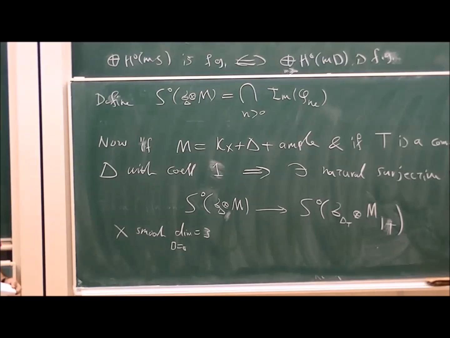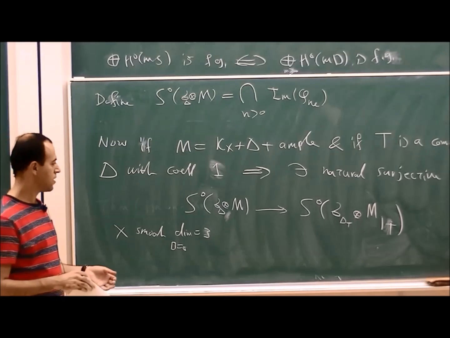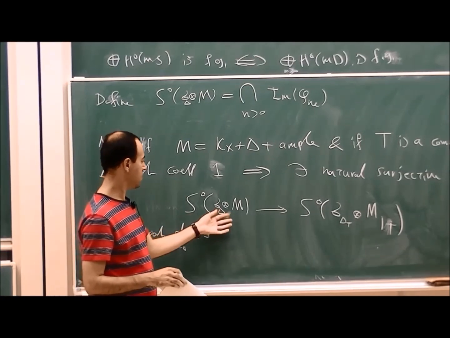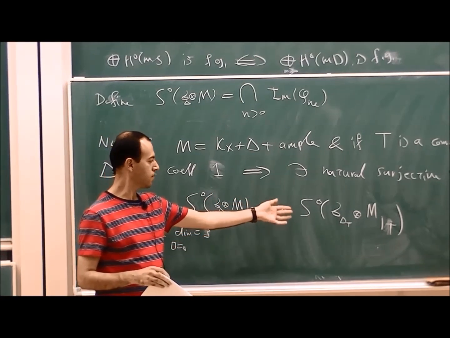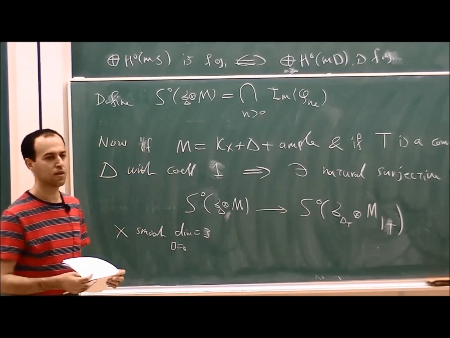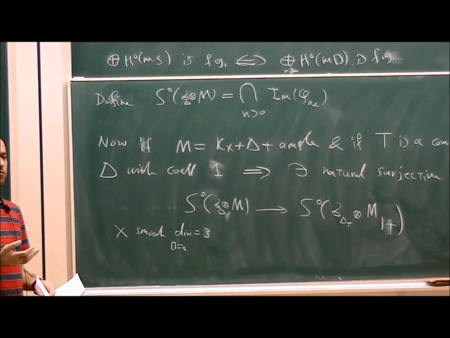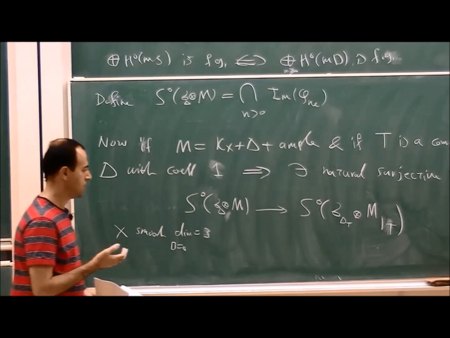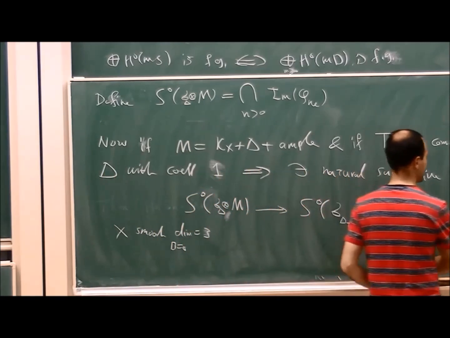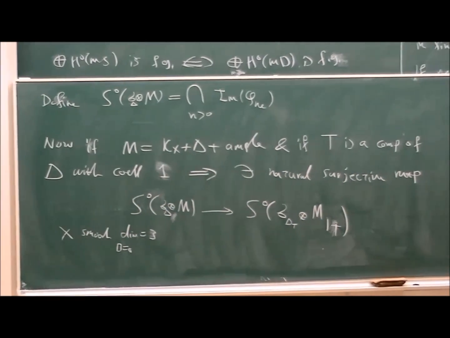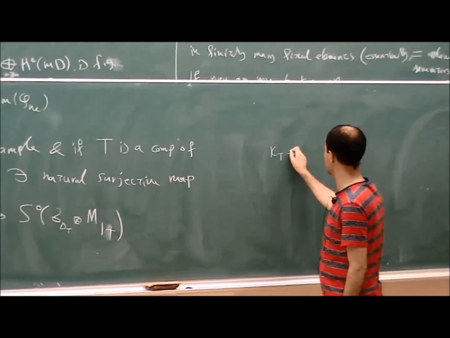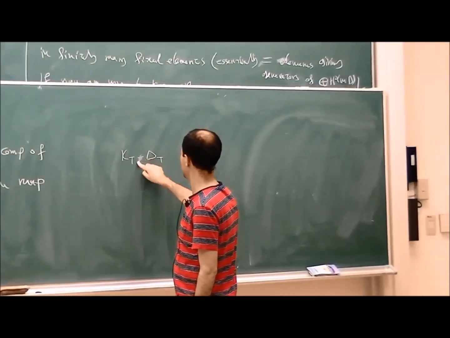So why does the coefficient have to be a standard coefficient? That has to do with some technicalities. When you restrict to this S or T and so on, in characteristic 0, let's say you get something like this. You restrict to T, then you have KT plus delta T and so on.